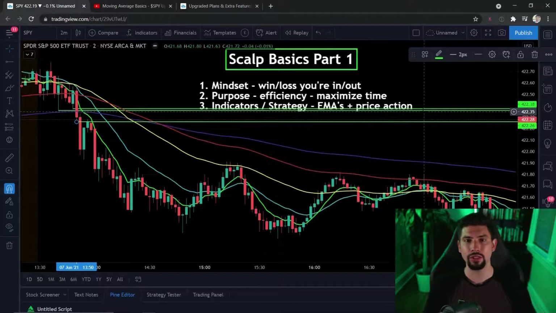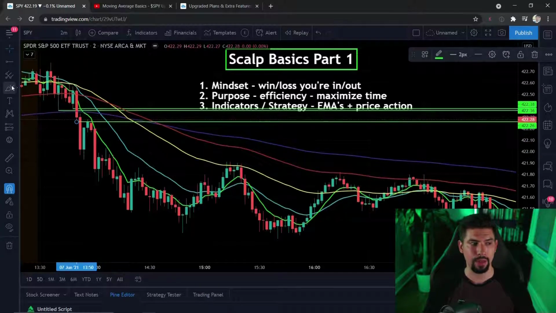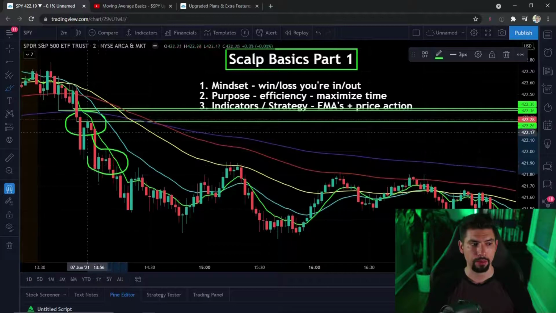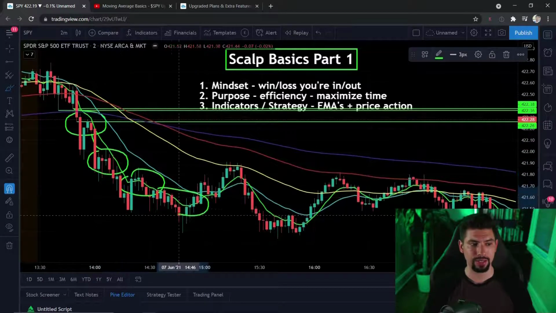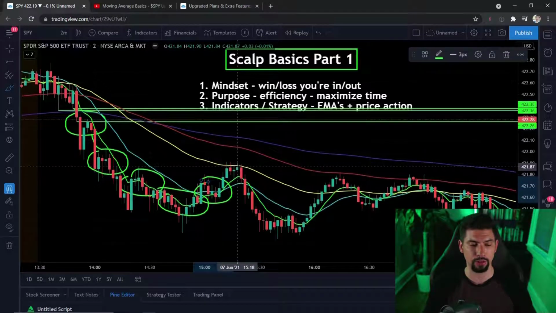Now, one of the things you want to be careful of is trying to take positions when price is too far away from the 8 EMA. So if you look very quickly at the chart, you can see that multiple times, price comes back up to test this green line multiple times. And then it finally gets above it for a little while.